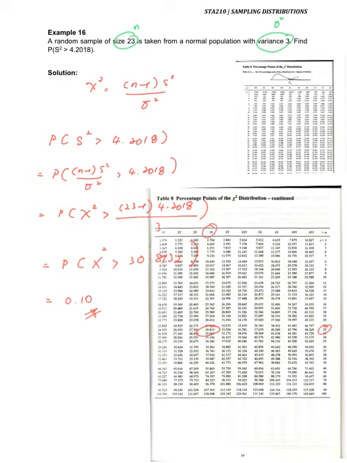So probability value should be between 0 to 1 only kan? So if we draw the curve, we'll do like this. This is the chi-square value 30.8132. So the probability here, area for this shaded region is 0.1.